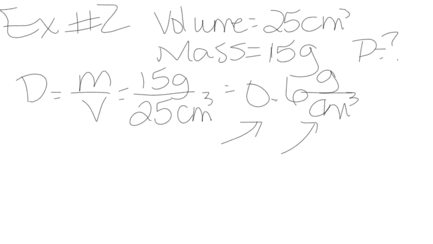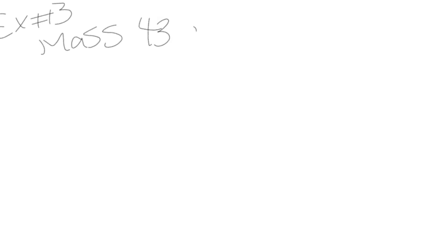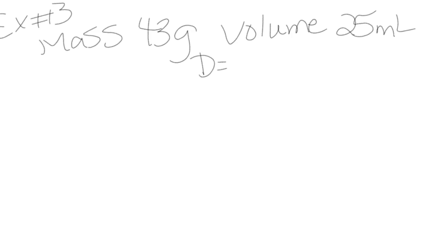All right, this one I want you to do on your paper, and you're going to pause it. Example number 3. The mass is 43 grams, the volume is 25 milliliters, and you want to know density. So pause it now, and then you're going to calculate this.